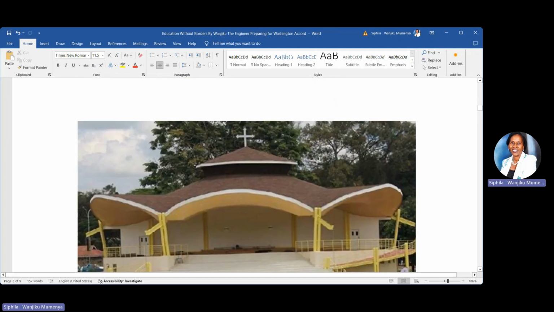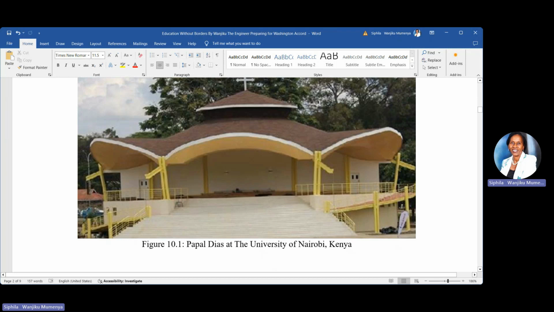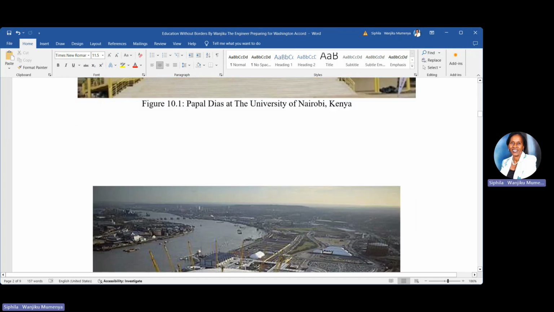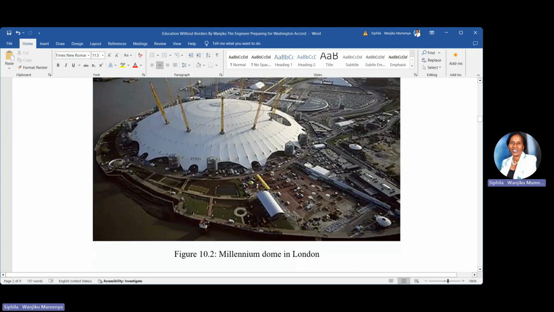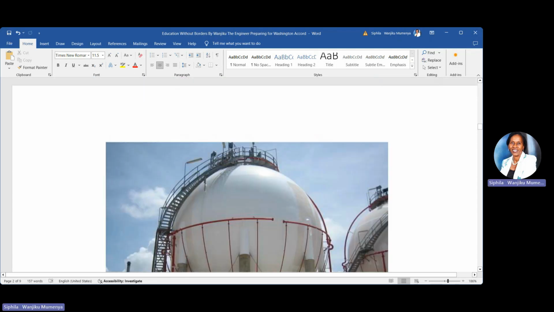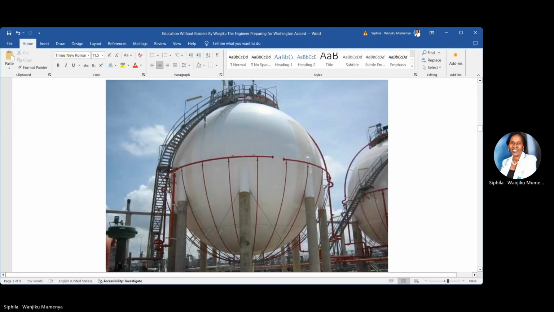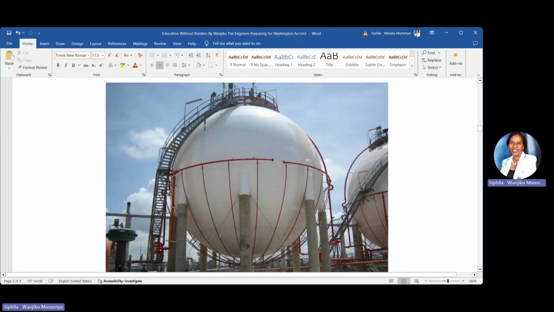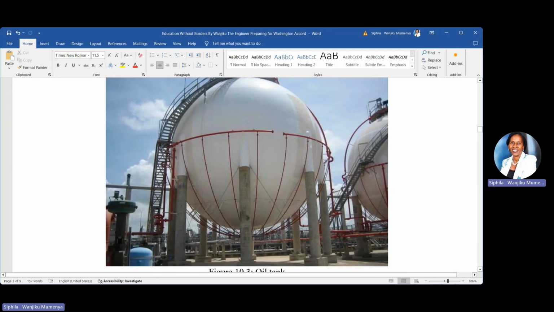So we want to go across the globe and see other similar structures. If you go to London, you see the Millennium Dome in London. That's a dome or a shell structure. Let's now cross over into the Arabic world, where oil comes from.